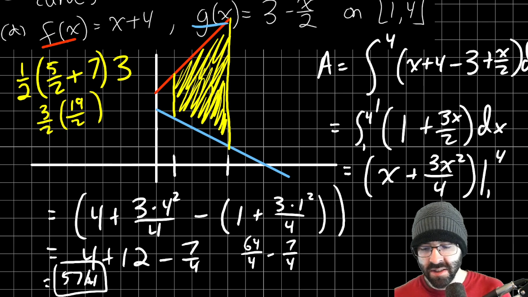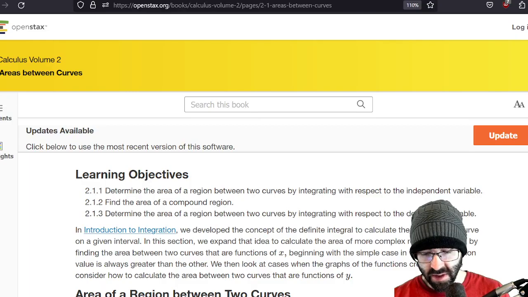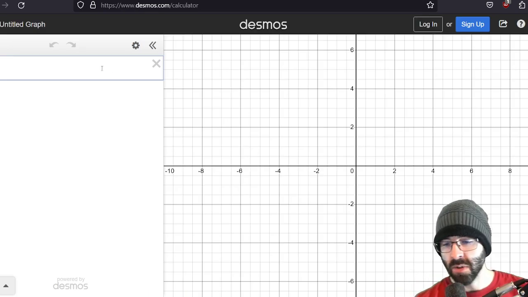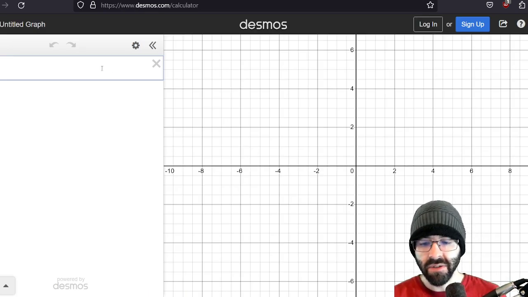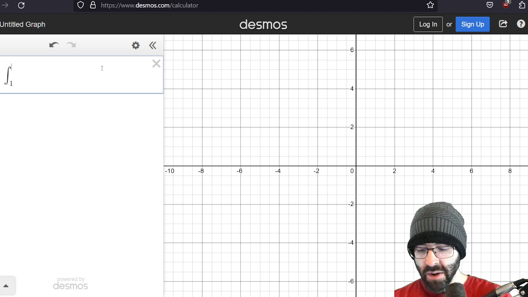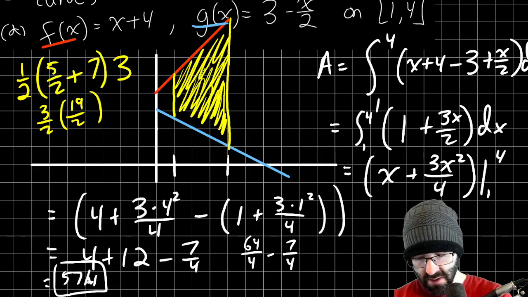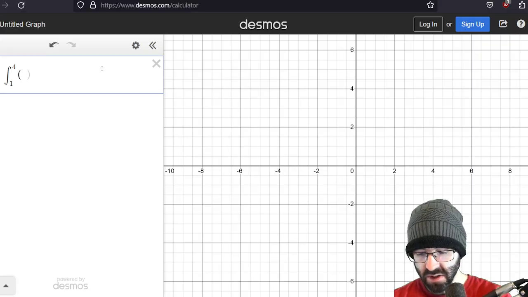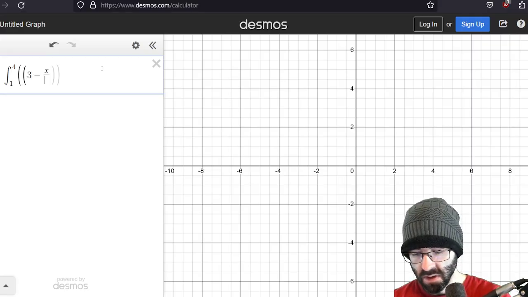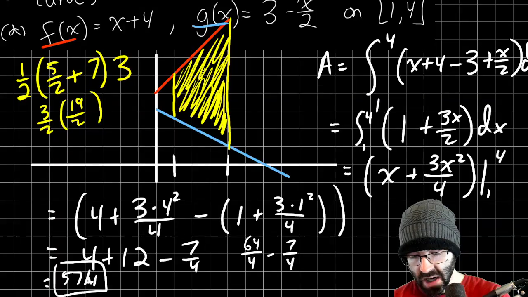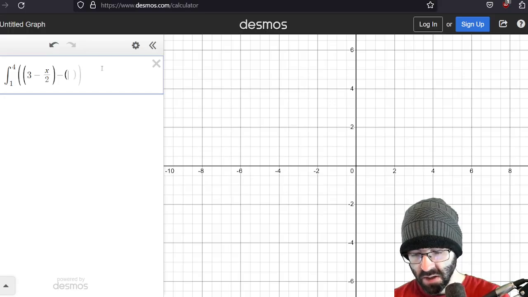We could check this with GeoGebra or Desmos. The question is, what happens if you get the order wrong? If you just choose the wrong function to be on top. Well, that would give you the integral from 1 to 4 of 3 minus x over 2 minus x plus 4.